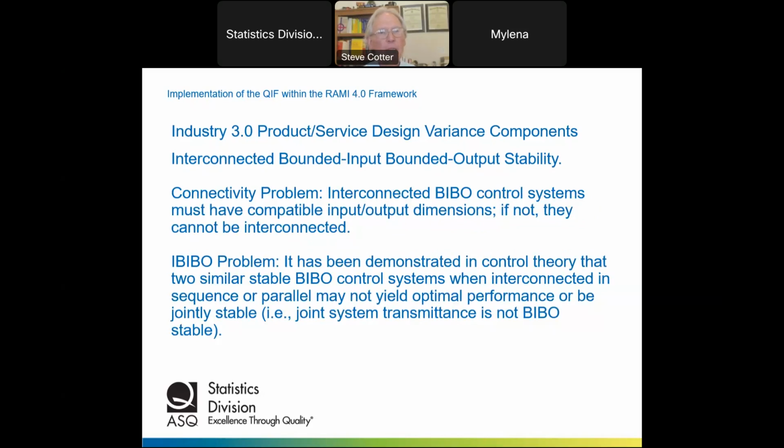If not, they cannot be interconnected. The interconnected BIBO problem: it has been demonstrated in control theory that two similar stable BIBO control systems, when interconnected in sequence or parallel, may not yield optimal performance or be jointly stable, i.e. the joint system transmittance is not BIBO stable.